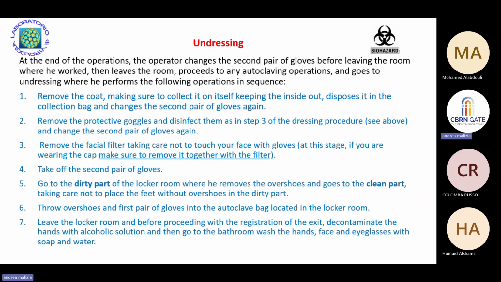So when you undress, remove the coat, remove the outer gloves, remove the facial filter, take off the second pair of gloves, and go from the dirty part to the locker room, and the clean part. When you exit from the laboratory, you go to the toilet to wash your hands.